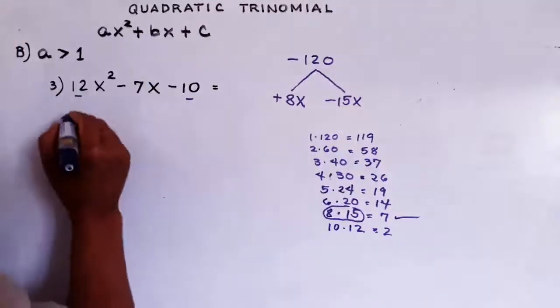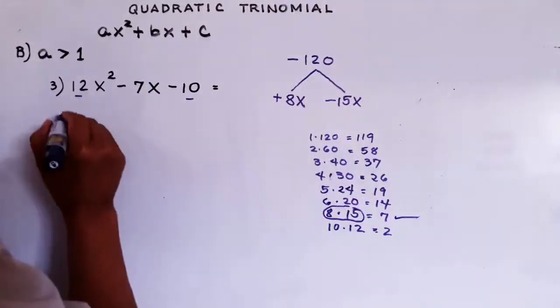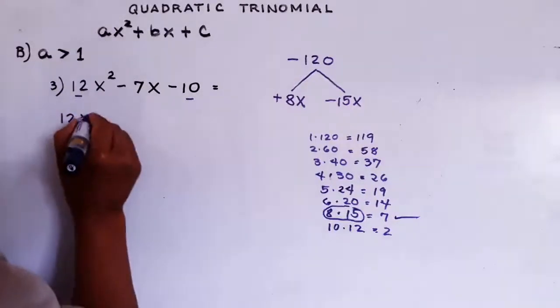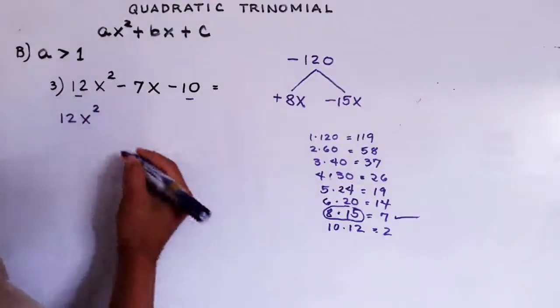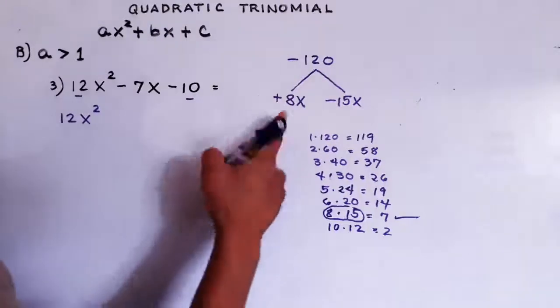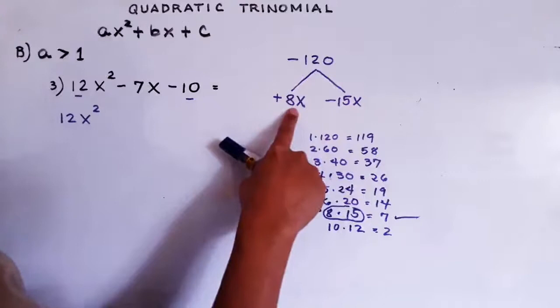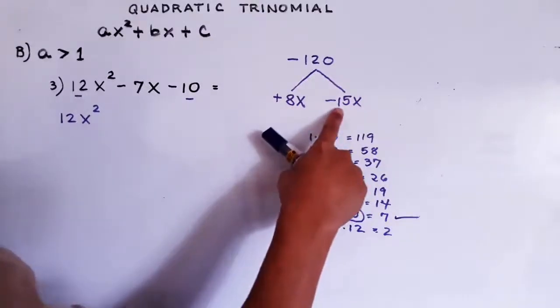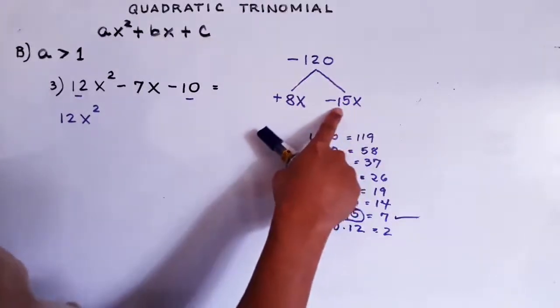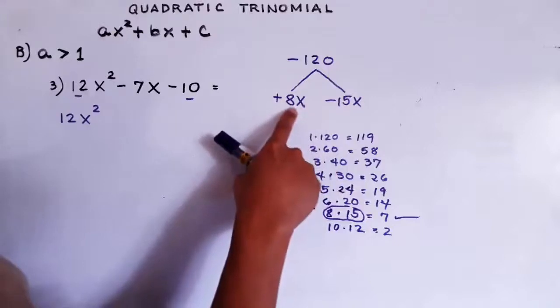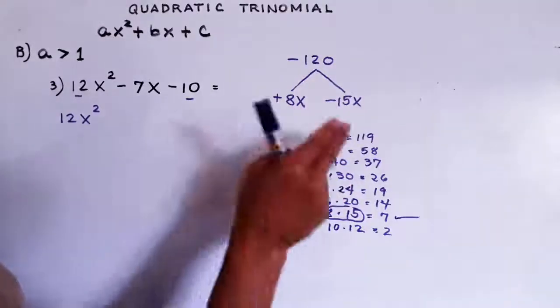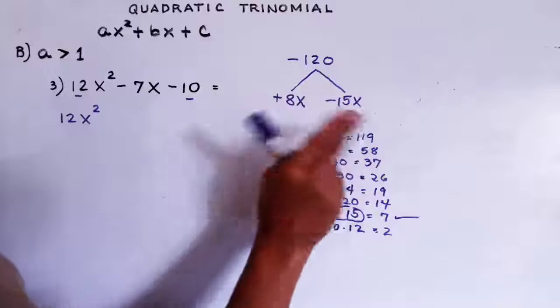Okay, let's have 12x squared. So we have 12x squared here. And you can partner it with this one, 8x. You can partner it with the 15 because we have the 3. Now let us try to partner this one with the 8x so that we have a negative on the other side, the second group.